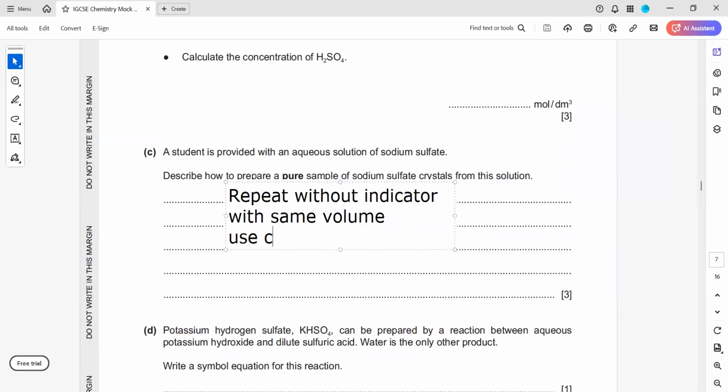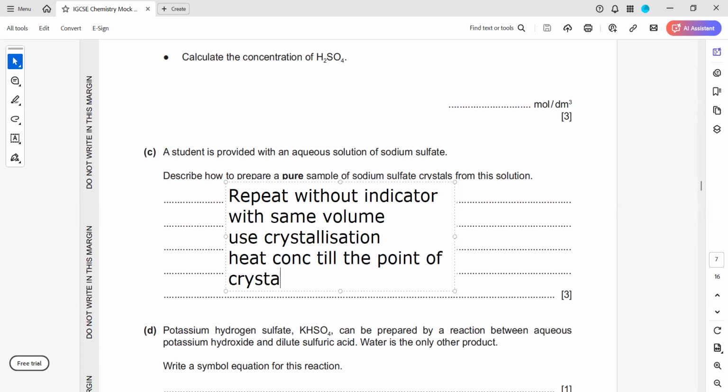Then use crystallization. Then heat, concentrate till the point of crystallization. Then you will cool, filter and dry.